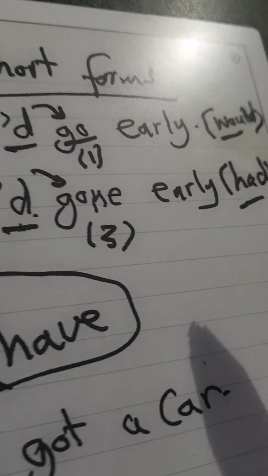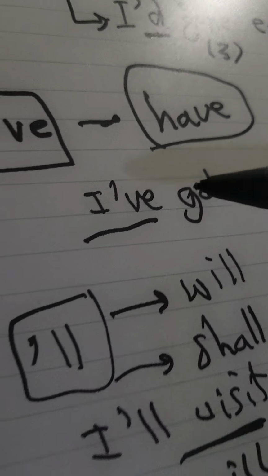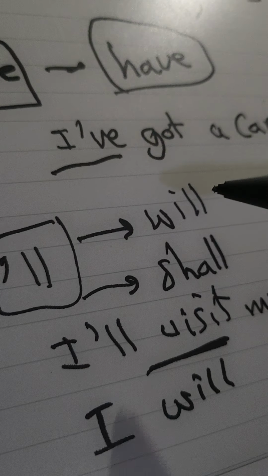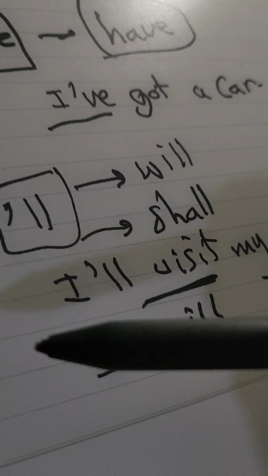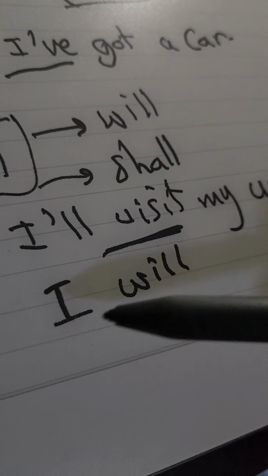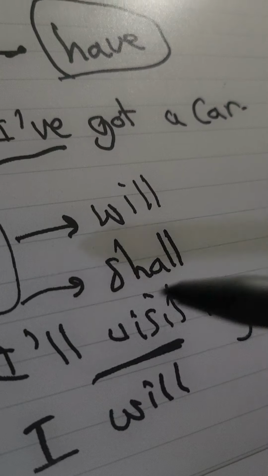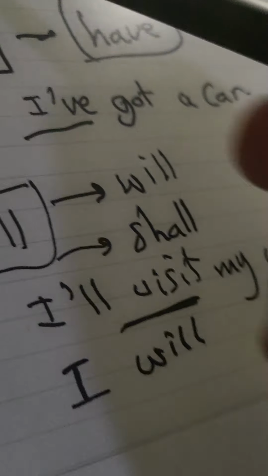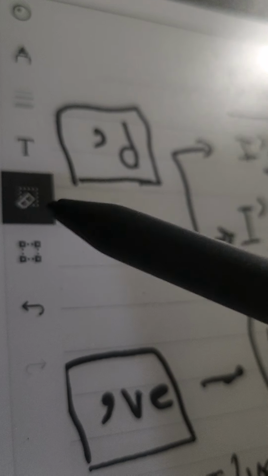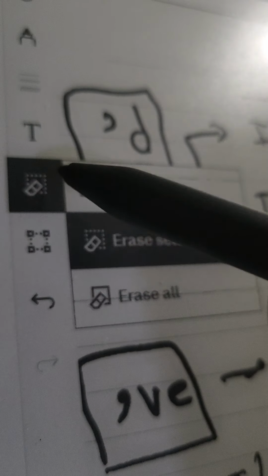So this is now apostrophe D, would or had; apostrophe VE, have; apostrophe LL, will or shall. I'll visit my uncle, I shall visit my uncle, or I will visit my uncle. Now the last one of abbreviation, then we go into the last part of this great video.